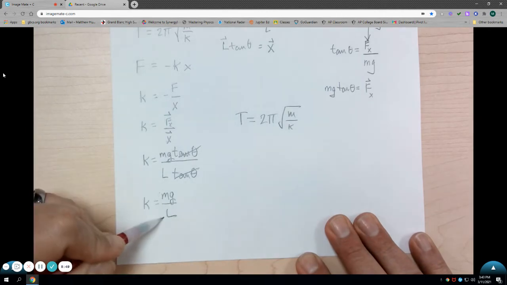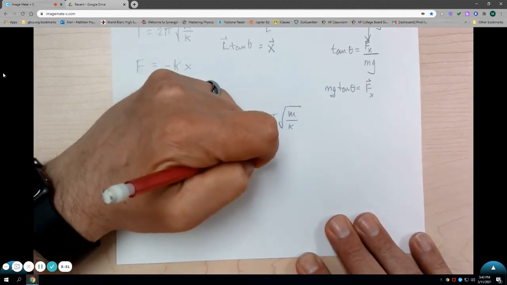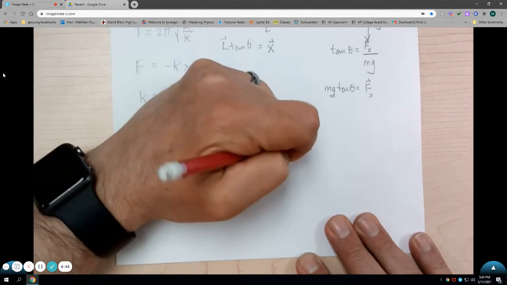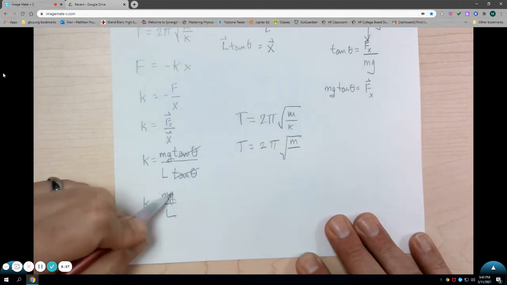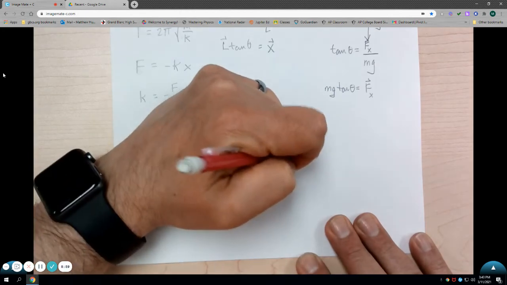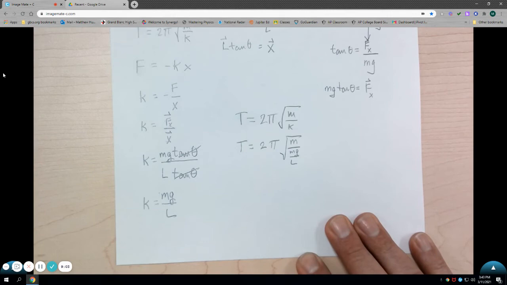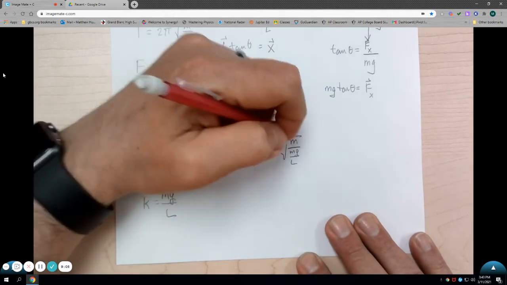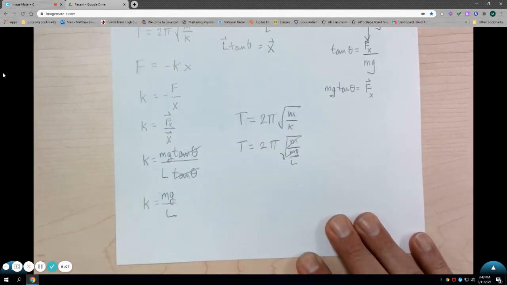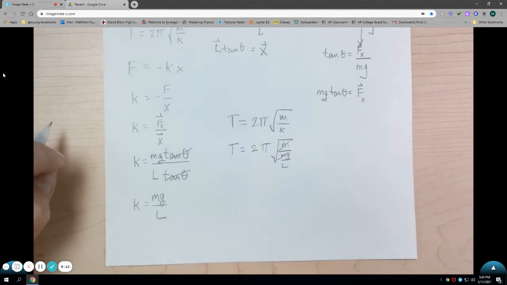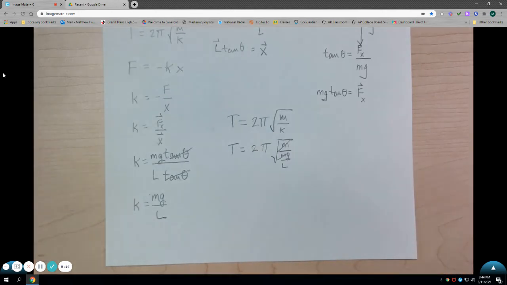K is this, m over mg over L. Now that expression simplifies a bit. What do you know? Mass cancels. So when you did your experiment and figured out, hey, this pendulum that weighs twice as much doesn't seem to affect the period, it has twice the mass, why isn't it affecting the period?